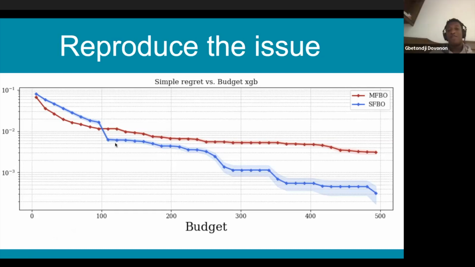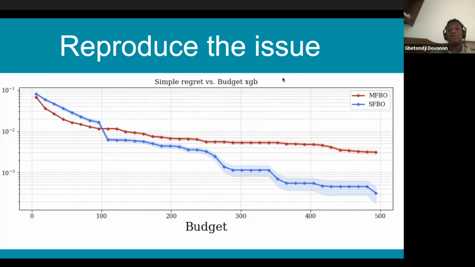That's an interesting question to which we do not have an answer yet, but that's something we are looking at. Potentially running more experiments is going to help us answer this question. And we do not even know yet if that crossover point exists for every single environment or for every single algorithm. So far, we've only reproduced the issue on two environments.